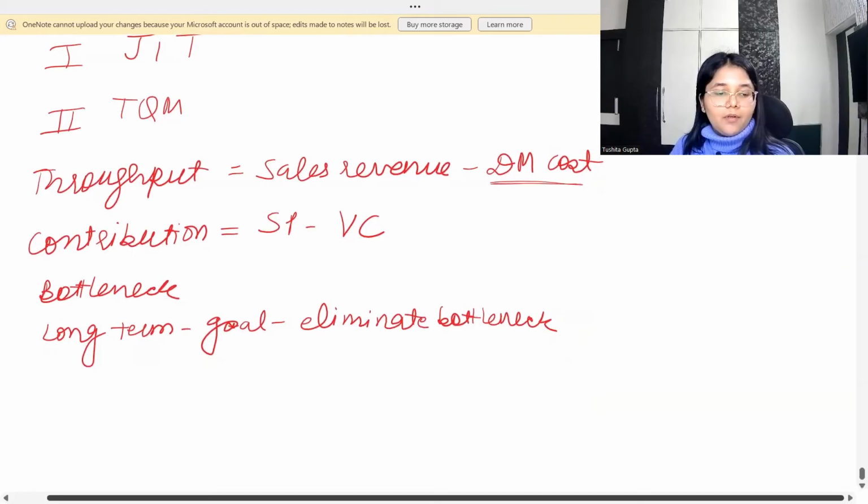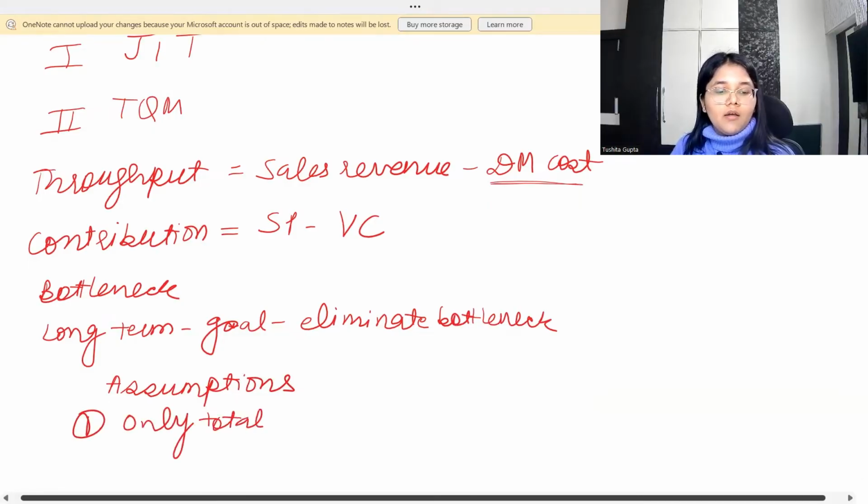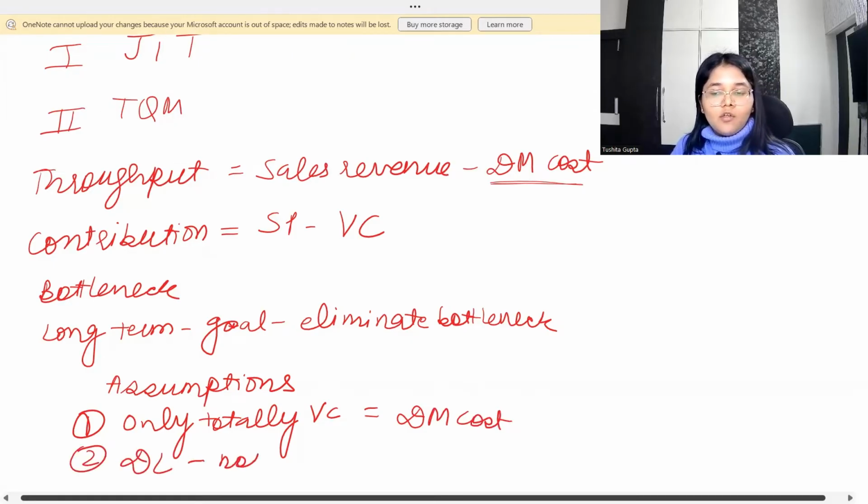So if we try to list the assumptions down, the first one is that the only totally variable cost is your direct material cost. And the second assumption is that the direct labor cost is not variable in the short run. So these are the two assumptions that we have discussed so far.